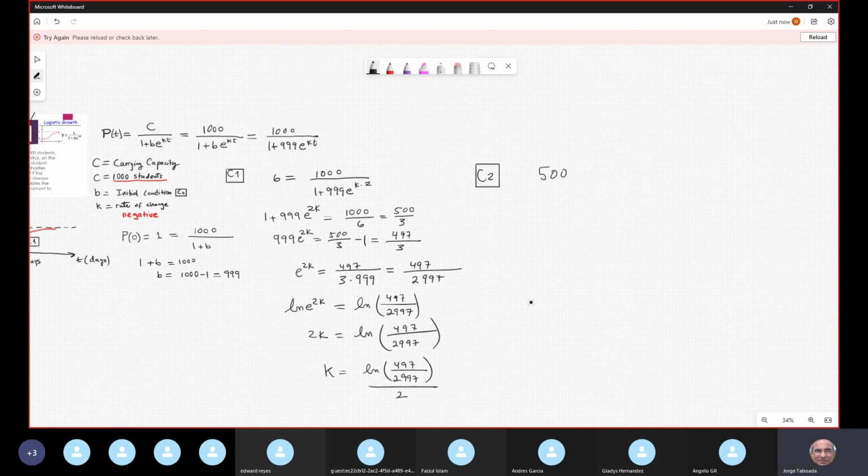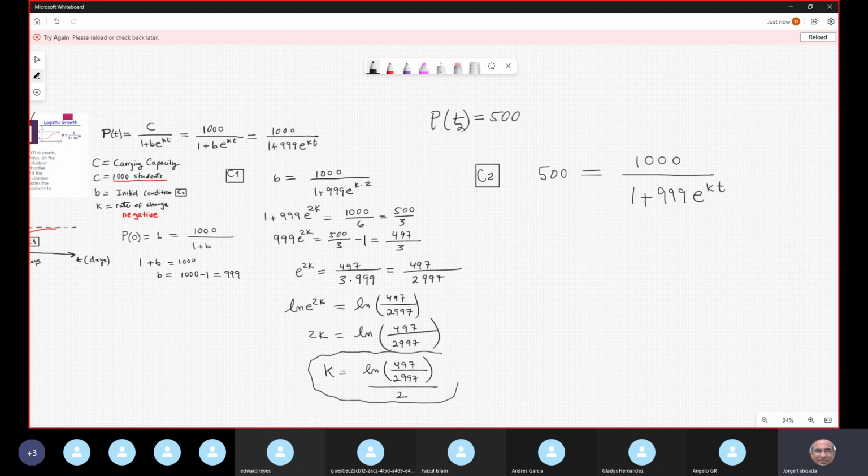I need to discover the time at which the function P evaluated at the specific time t2 is equal to 500. Okay, 500 students is equal to 1,000 over 1 plus 999 e to the kt.